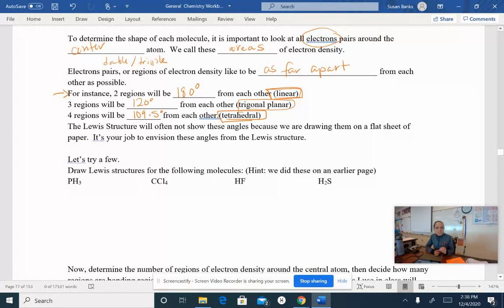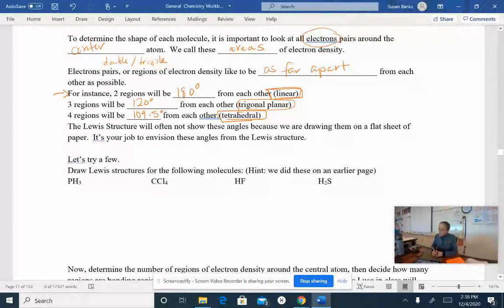You will need to look at this chart very often to see what's going on, okay? Lewis structures will often not show these angles because we're drawing them on a flat sheet of paper. So you have to get in your mind how to transform from that two-dimensional flat sheet of paper that we're drawing on to that three-dimensional shape.